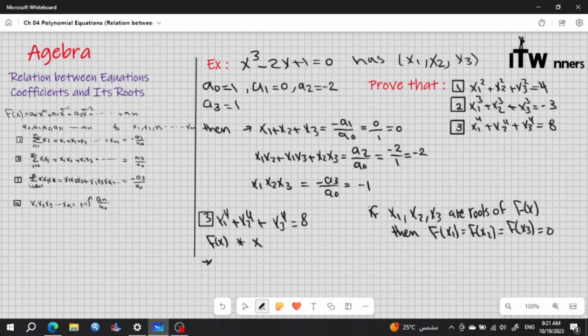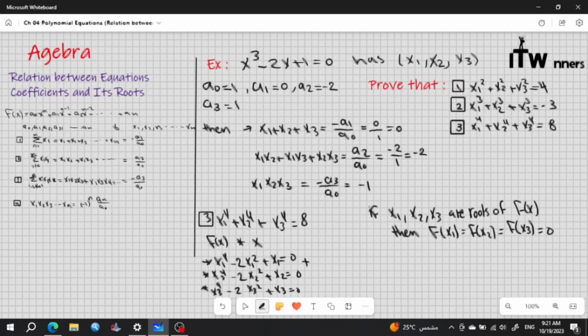If we make that and substitute with x1, x2, x3, we obtain x1 power 4 minus 2x1 squared plus x1 equals 0, x2 power 4 minus 2x2 squared plus x2 equals 0, x3 power 4 minus 2x3 squared plus x3 equals 0.